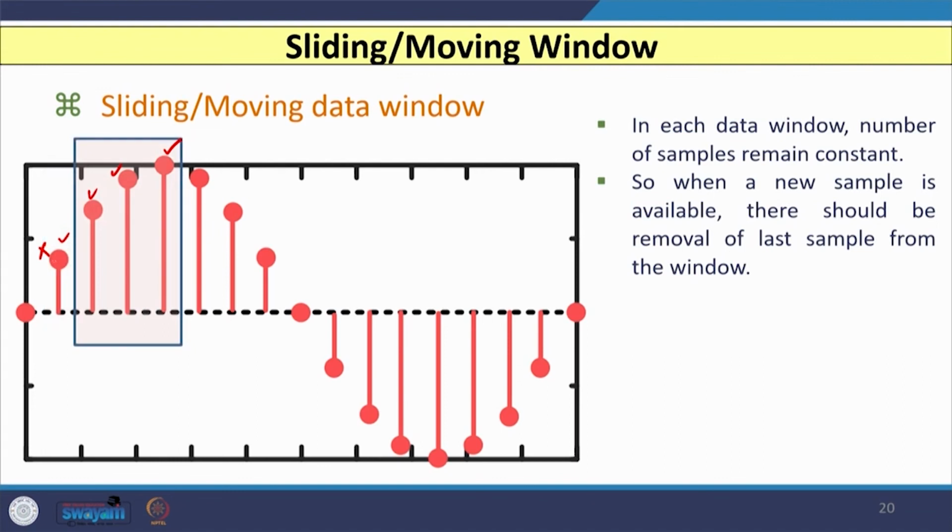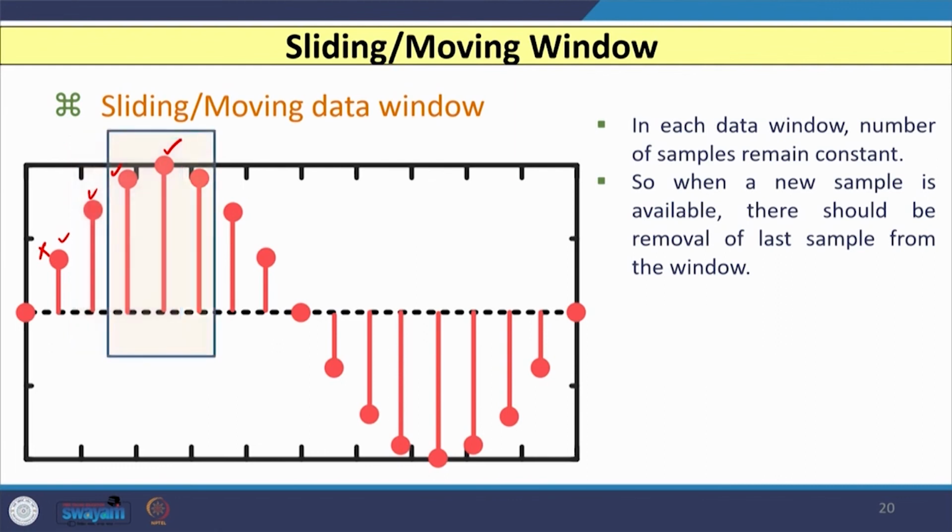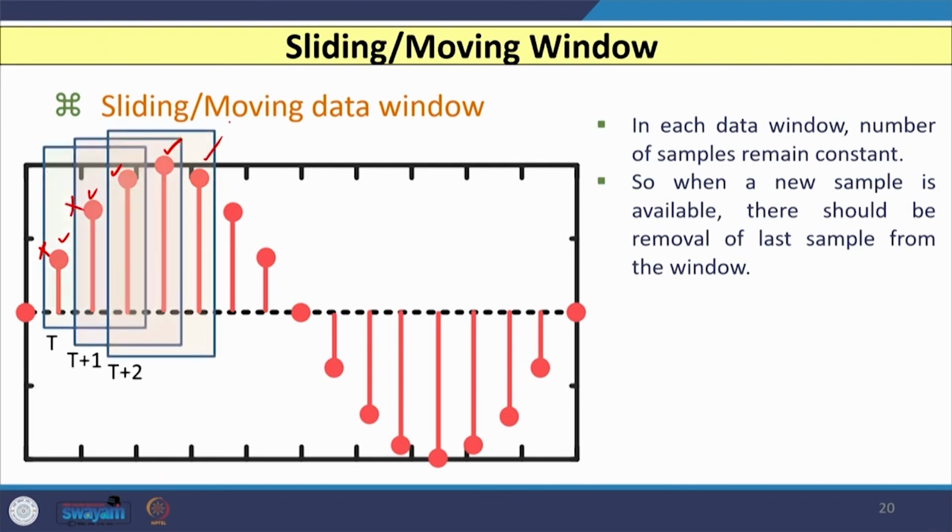However, this sample is discarded and this is included. Similarly, if I go further, this sample is discarded and this is included, and like that you can proceed further. So, whenever a new sample is available, the previous sample is discarded and the next sample is included, but keep in mind the number of samples in a window always remains constant.